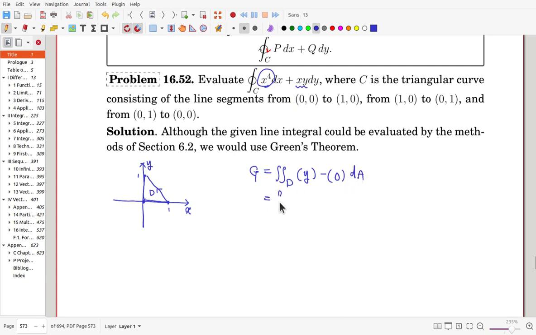So it is the same as the region integral over D of y dA.